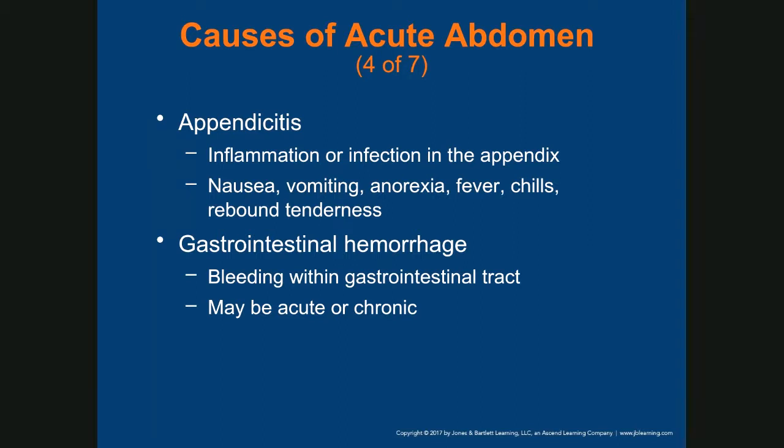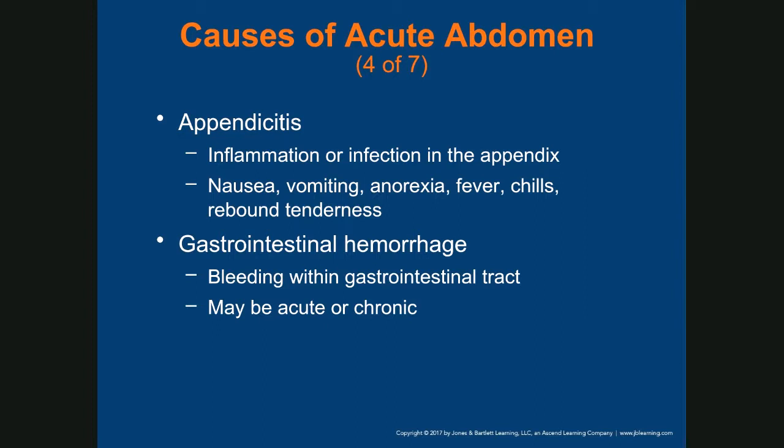Now, in the early stage, the pain would be more centered around the umbilical region. As it gets more severe, it becomes more localized to the right lower quadrant. And when it becomes severe, the symptoms disappear. So when it ruptures, not the symptoms, the pain disappears, and the patient starts to show signs of shock.